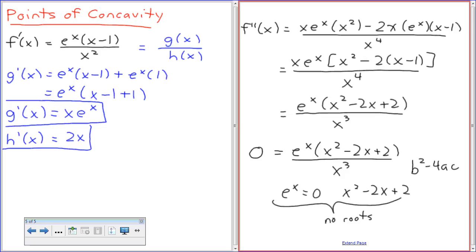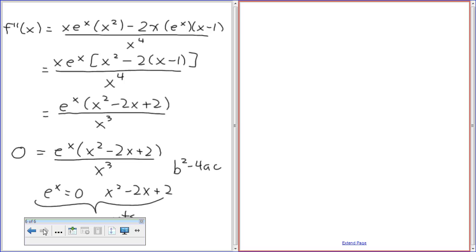Okay, so let's graph this then. Our only point that we had was 1 comma e, right? Was that the only point? Yeah. And we had x cannot equal 0, right? Okay, so here we go.